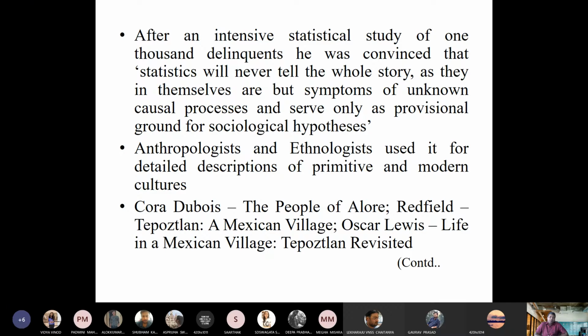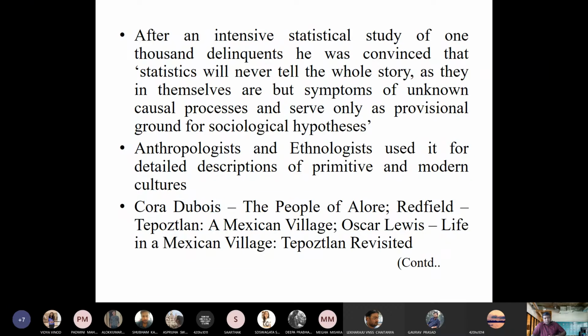Then Cora Du Bois, The People of Alor; Robert Redfield, Tepoztlan, a Mexican village; Oscar Lewis, Life in a Mexican Village: Tepoztlan Restudied.